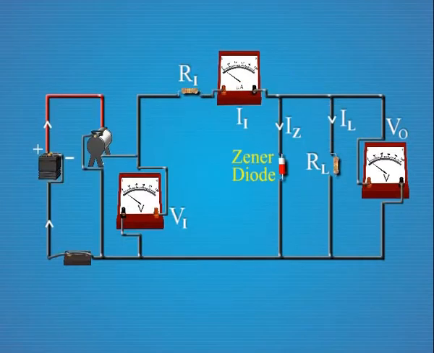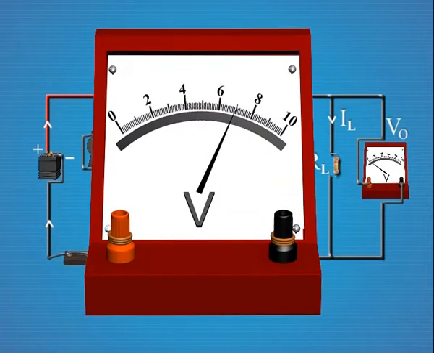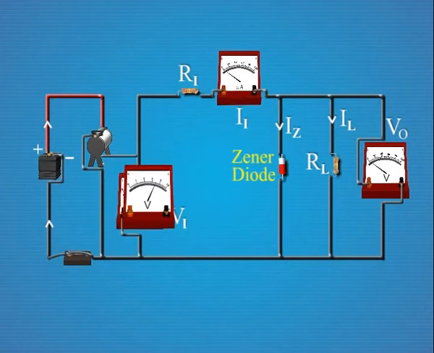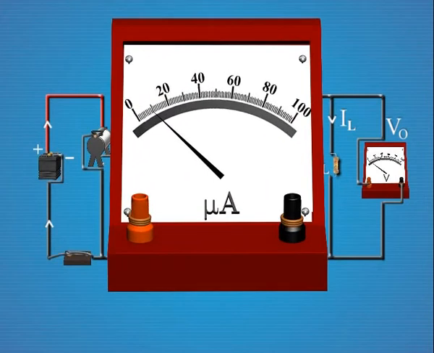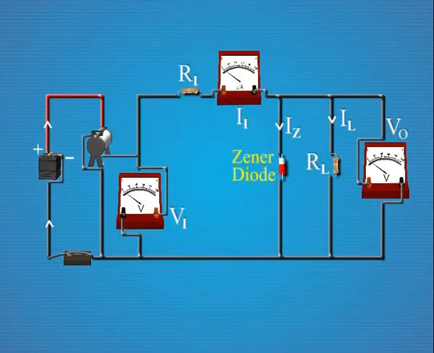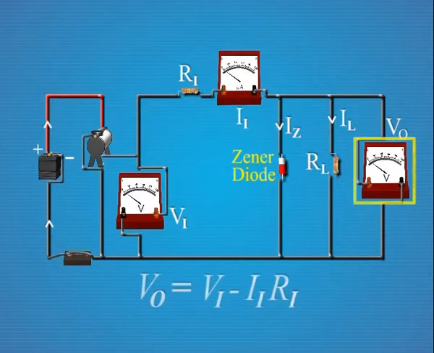At breakdown, an increase of input voltage Vi increases input current Ii by a large amount, so that output voltage Vo, which is equal to Vi minus Ii into Ri, becomes constant.